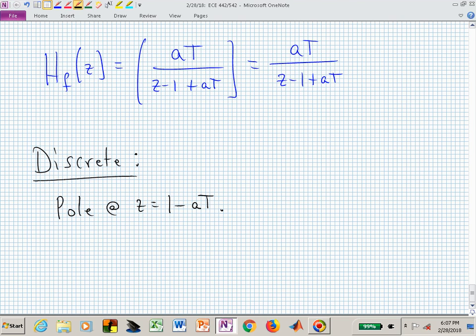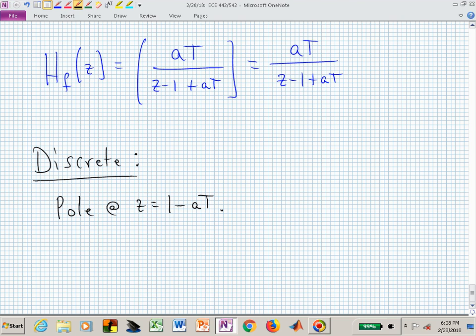So now we've just moved in. Whatever A was, and T, you know how to pick T, that's the sample period, we'll now have 1 minus AT. So if AT was 0.2, the pole would be at 1 minus 0.2 or 0.8. So it's inside the unit circle, which is good for a causal filter. It's now going to be well behaved.